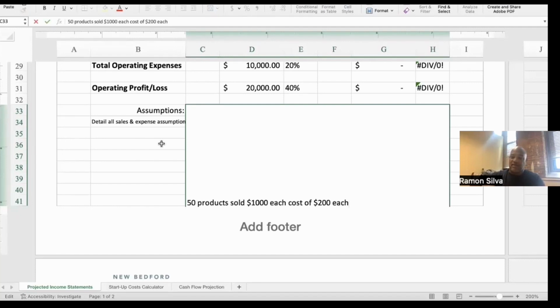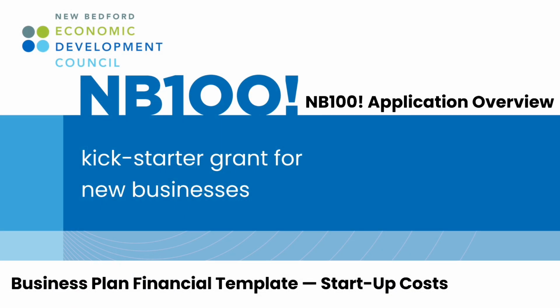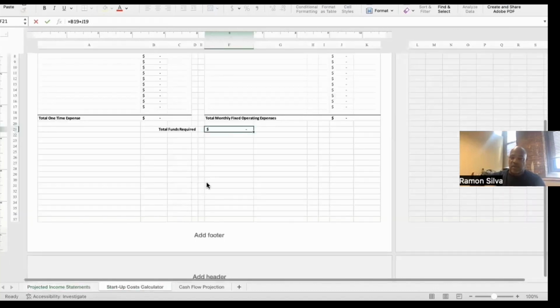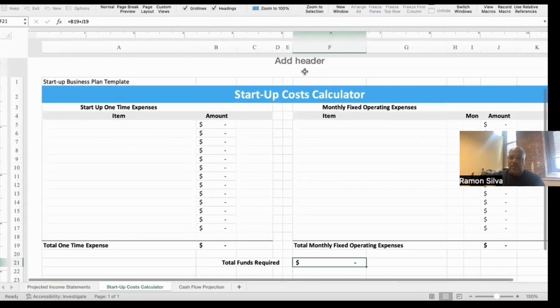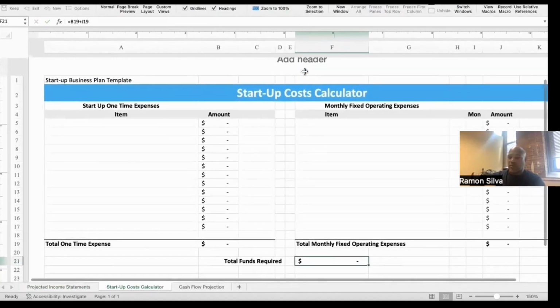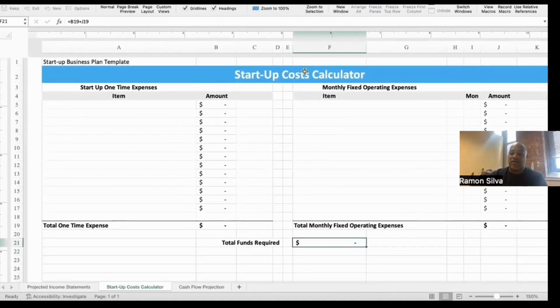And that, I guess, is a pretty good segue into our business startup cost. That is the second tab on the spreadsheet. So this business startup cost is the second most important thing that you're going to need to get right in order to get your business funded.